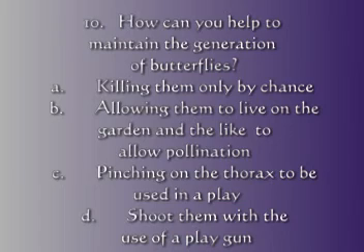How can you help to maintain the generation of butterflies? A. Killing them only by chance. Letter B. Allowing them to live in the garden and the like to allow pollination. C. Pinching on the thorax to be used in a play. And D. Shoot them with the use of a play gun.